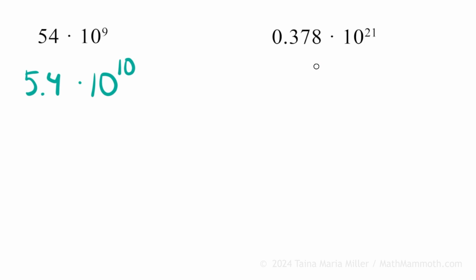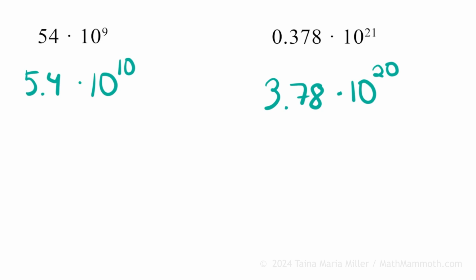Here, instead of 0.378, we need to write it as 3.78, okay? So this here needs multiplied by 10 to get 3.78. So I took the 10 from there, and that leaves 1 10 less. And so it's only 20 copies of 10 multiplied by itself that's left here.